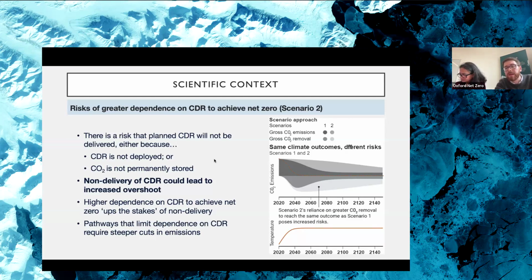And that's a particular concern for land-based CDR methods. So removals that we might think we've banked then end up being re-emitted. And one of the consequences of that is that if we plan on having significant amounts of removals and then fail to deliver them, we end up in a scenario with greater overshoot than we had expected. So the two sets of risks dovetail together.